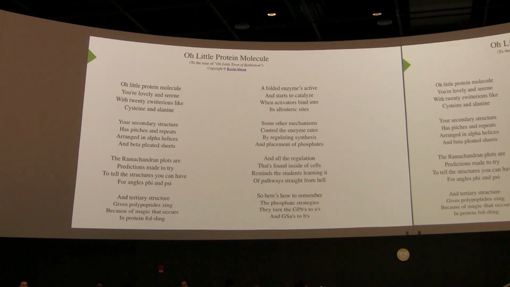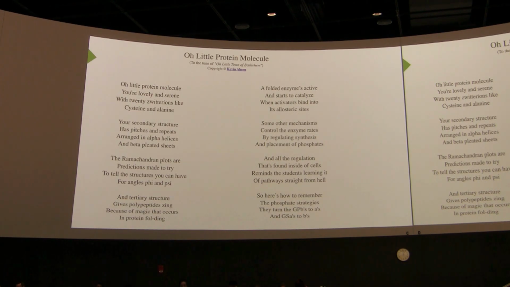Other mechanisms control the enzyme's rates by regulating synthesis and placement of phosphates, and all the regulation that's found inside of cells reminds the students learning it of pathways straight from hell.